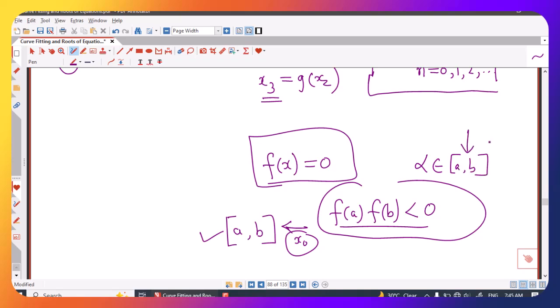So try to select this small interval containing the exact root by finding the endpoints of the interval in such a way that the function is of opposite signs at those two points.